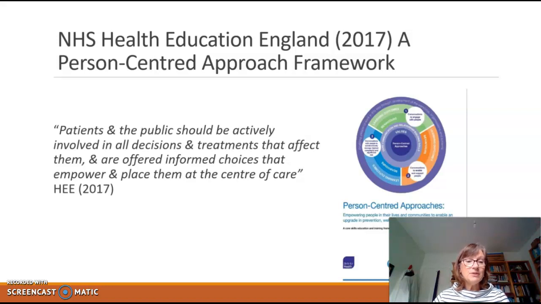And they've got a definition here, or an expectation, that patients and the public should be actively involved in all decisions and treatments that affect them and are offered informed choices that empower them and place them at the centre of the care. So that is kind of giving us an idea of what their overall approach is.